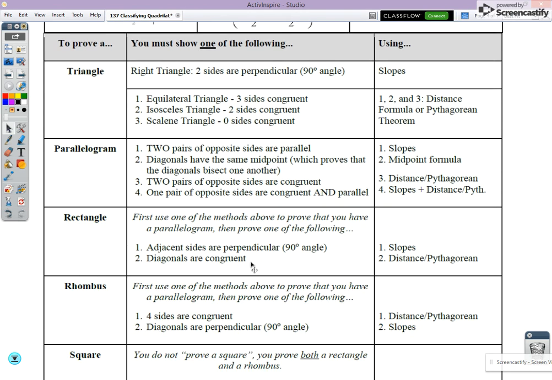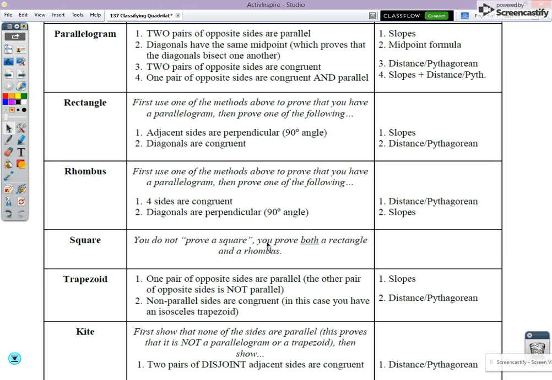And then I laid out for you the main ways to prove each of the quadrilaterals. I want to highlight that in this middle section, you're really only required to prove one of these. So if I wanted to prove it's a parallelogram and I prove two pairs of opposite sides are parallel, I am good. It's a parallelogram. Now, I don't know if it's, in addition, a rectangle, rhombus, or square.